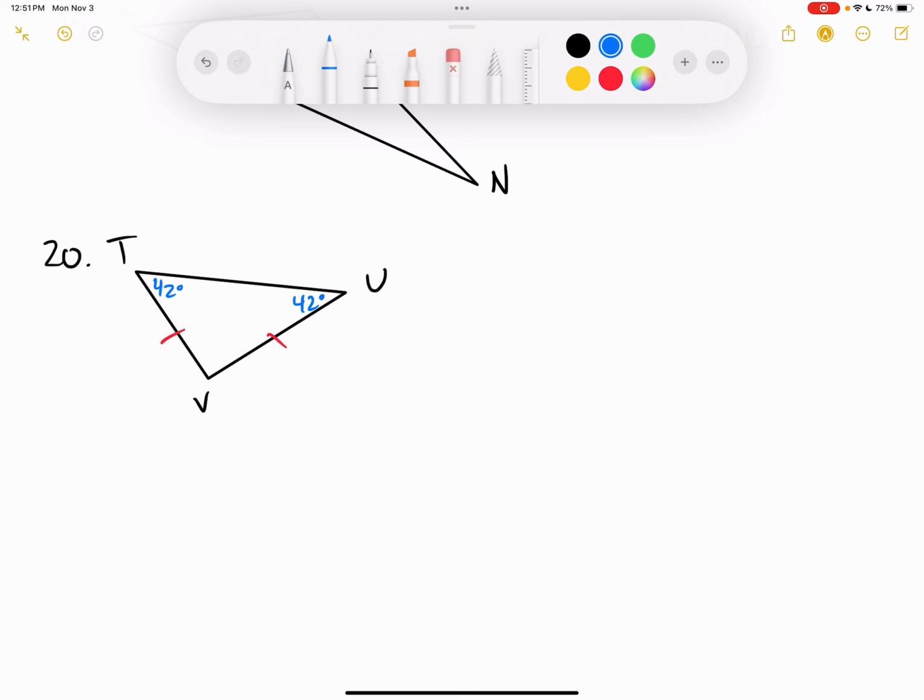We've got two angles given to us. T and U are both 42 degrees, and then they show us that we have two congruent sides. So, what do I know about this one? Isosceles. Okay, it is isosceles, but what else?